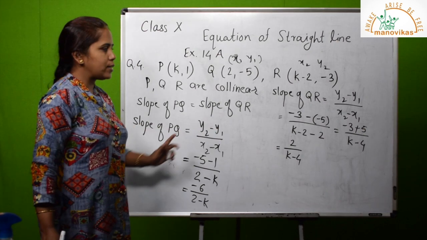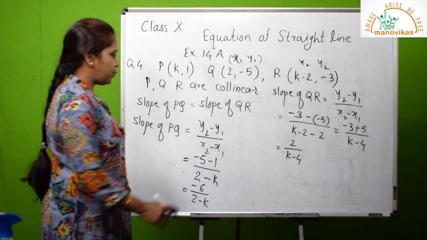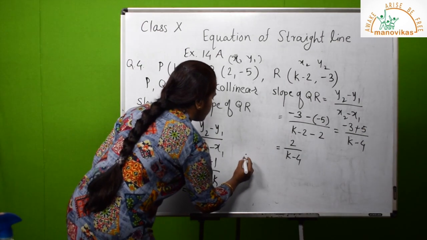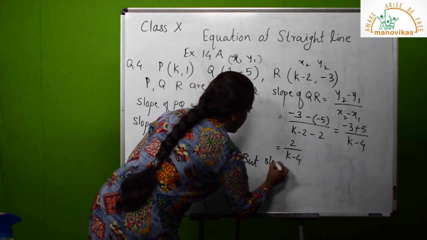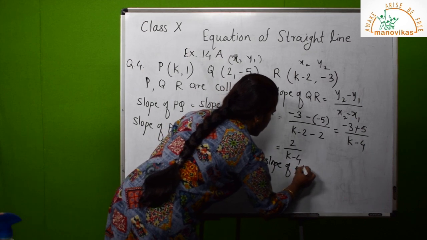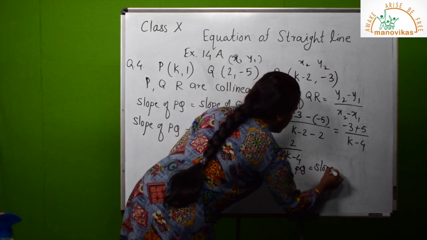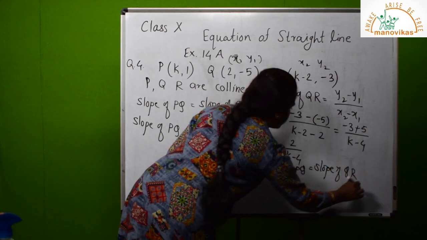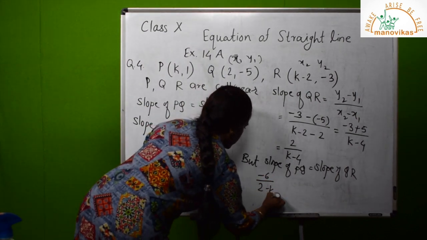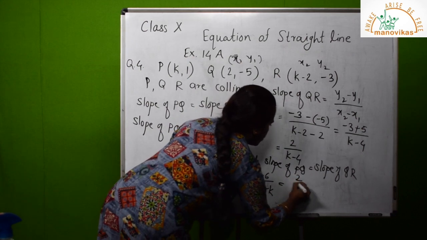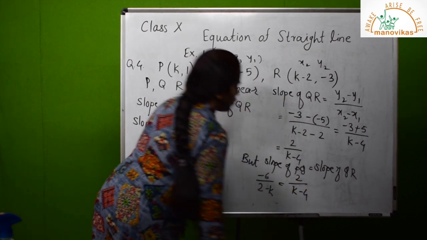Now we have to compare slope of PQ and slope of QR. But slope of PQ is equal to slope of QR. Therefore, minus 6 upon 2 minus k is equal to 2 upon k minus 4.